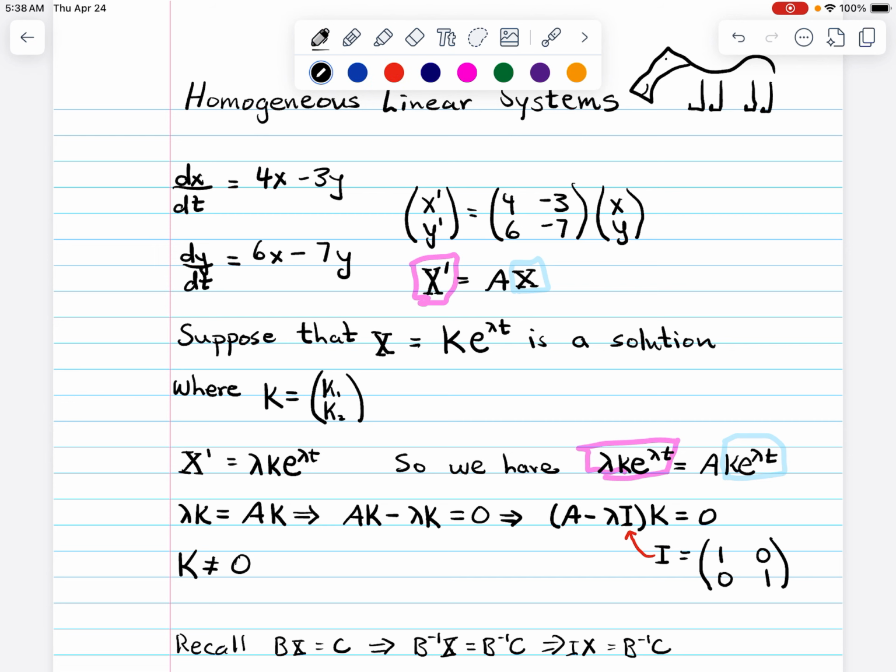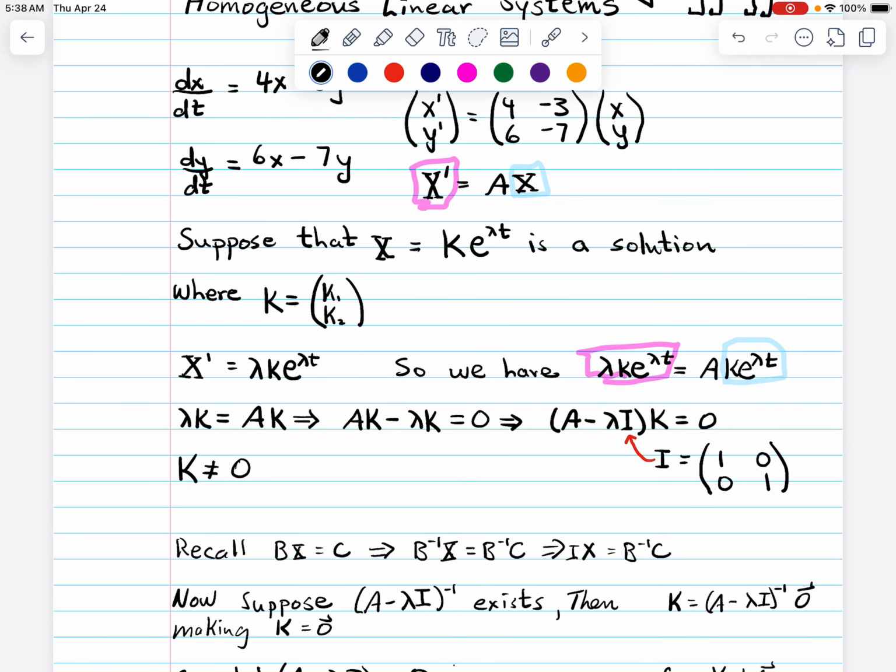Now, I want to do a little work here. Notice that I can divide out this e to the lambda t. Let's just divide that out. And I get this last part right here.